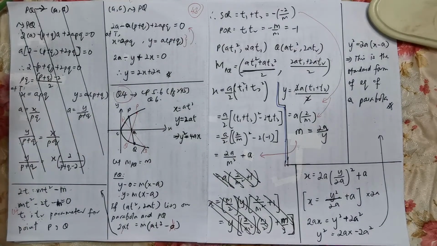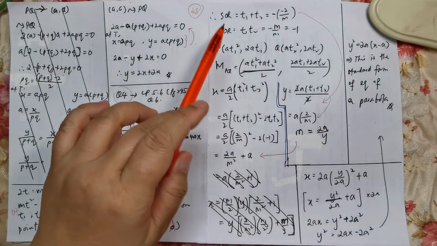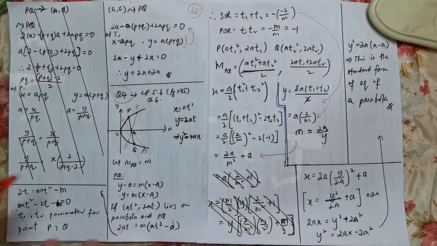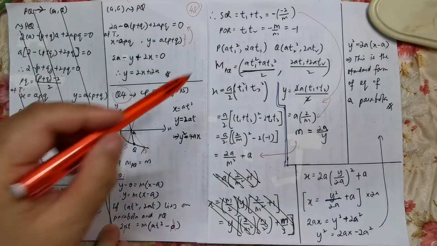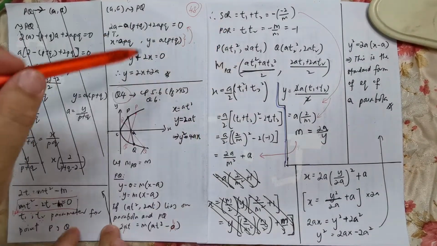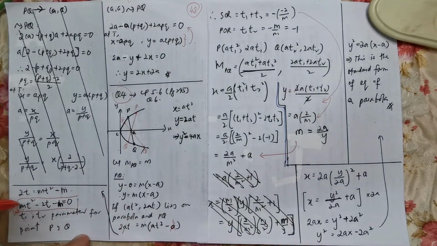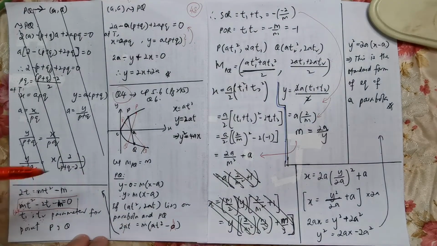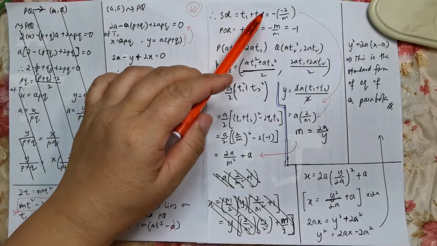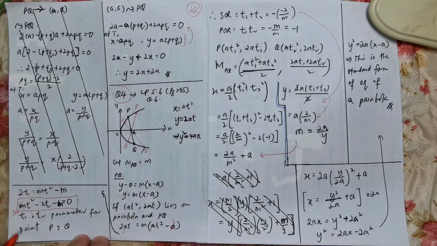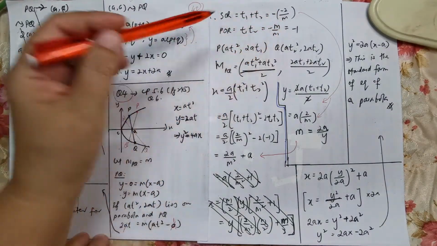There are many ways for us to solve this, and this is one of the methods. Look at this quadratic equation. t1 and t2 are the parameters and also the roots. The sum of roots t1 plus t2 equals negative b over a, so it's 2 over m.